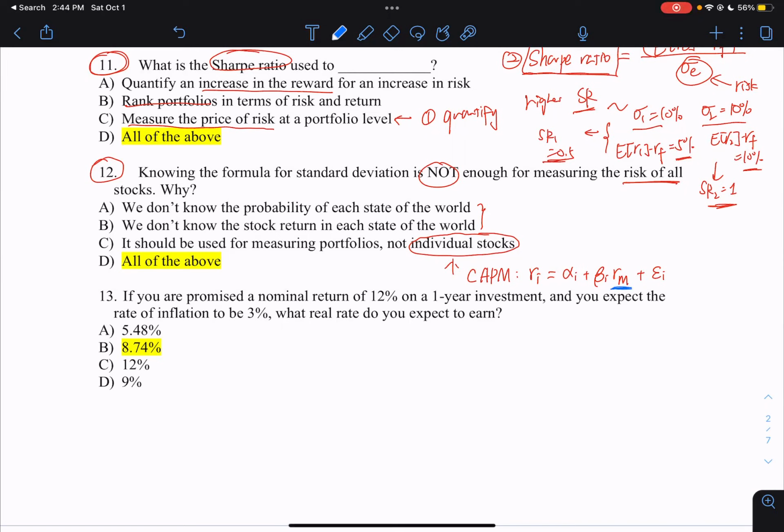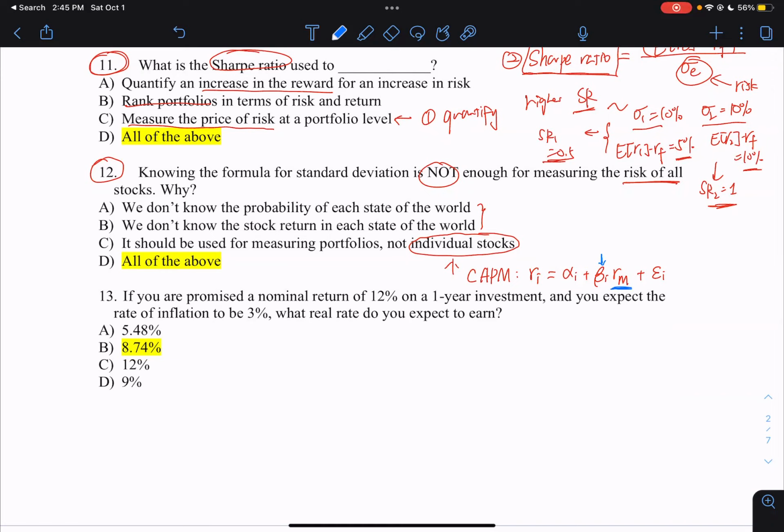This R_M is the market return. Think about this as the index that includes all the stocks, an index that represents the whole stock market. This is one portfolio, R_M. And beta is the loading on the market portfolio.